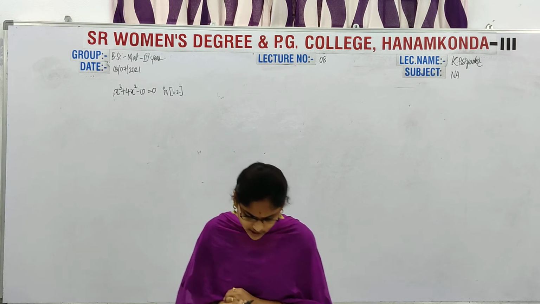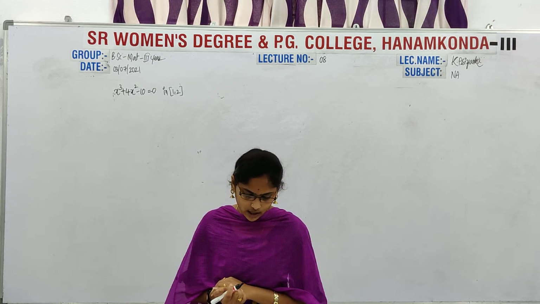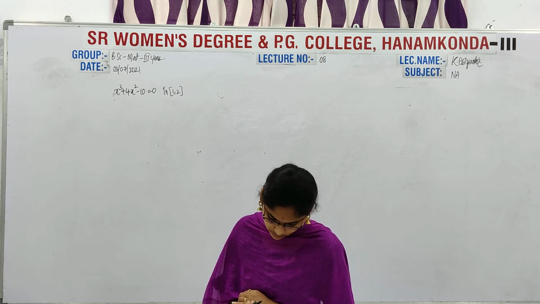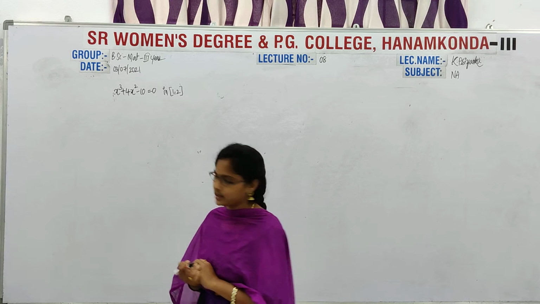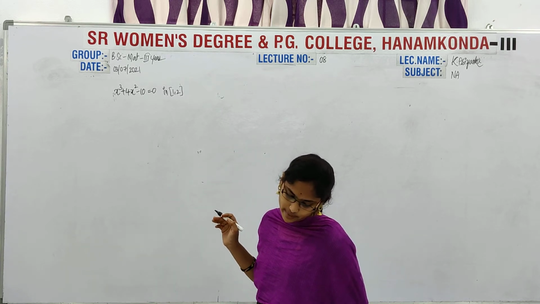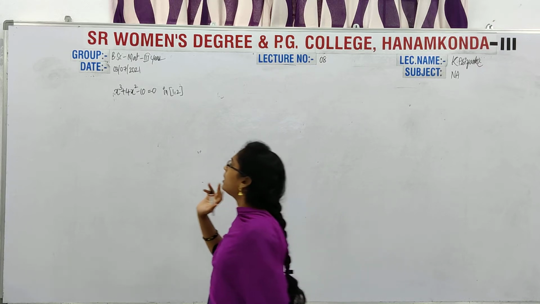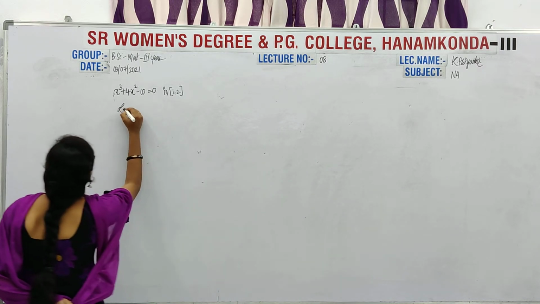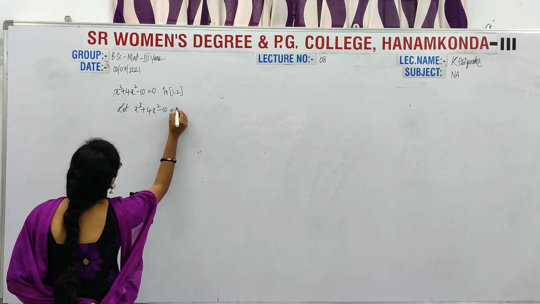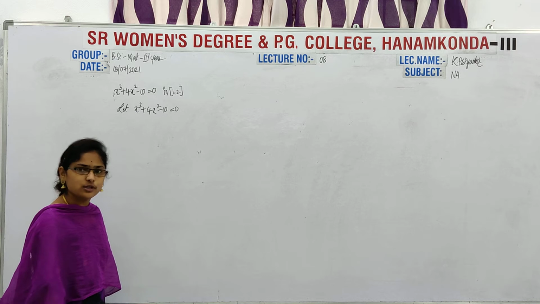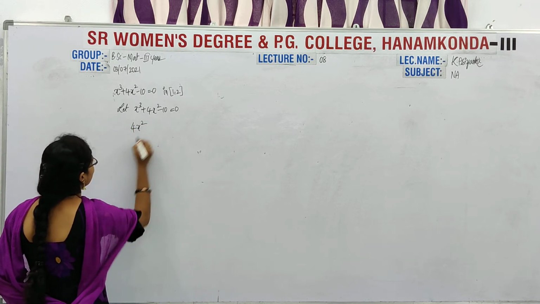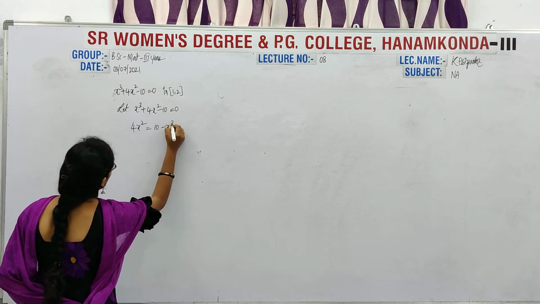Now firstly what I am doing is simply x cube plus 4x square minus 10 I have. So now here I am taking that let x cube plus 4x square minus 10 is equal to 0. We have to solve this problem for g of x. Now what I am doing is I am taking 4x square this side, then 10 minus x cube.